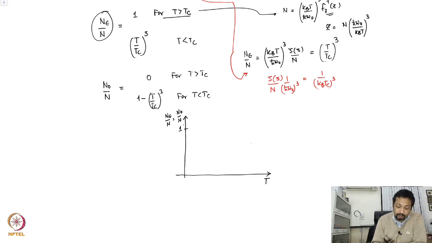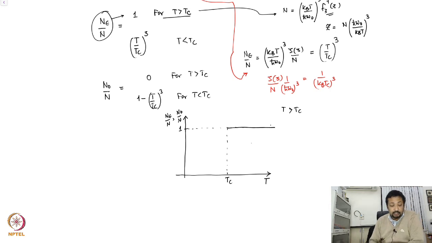This is my unity and this is my Tc. For T greater than Tc, my ratio N_ε over N is unity, so this remains like this. As I cross the critical temperature, this expression follows (T over Tc) whole cube.